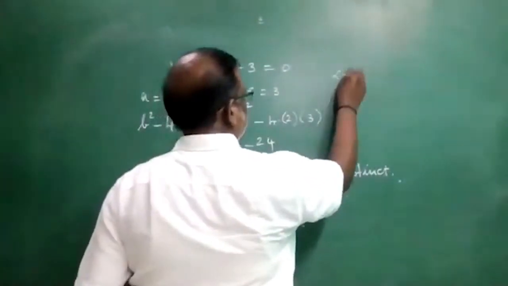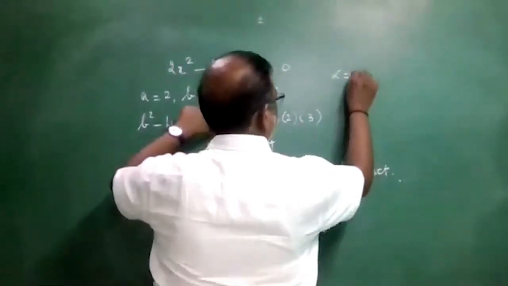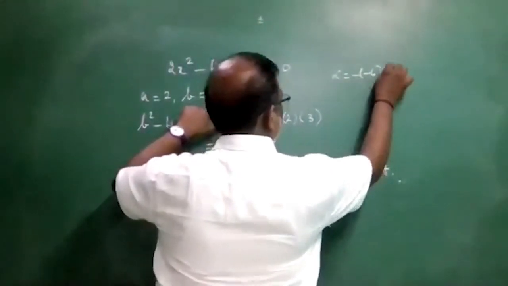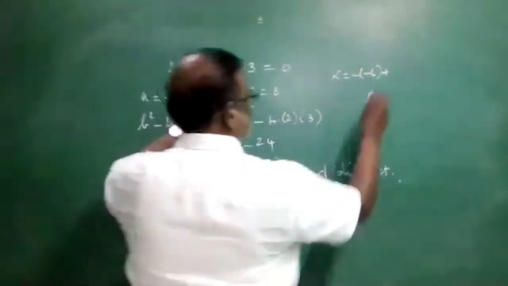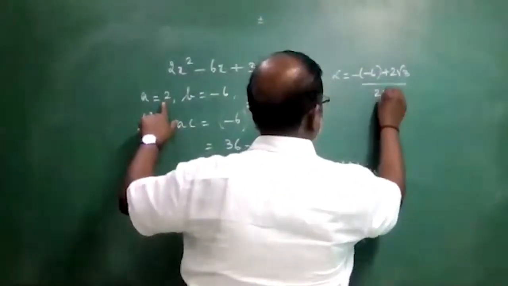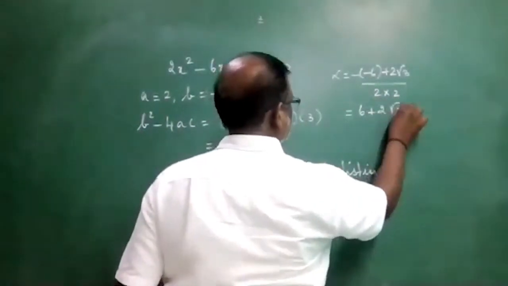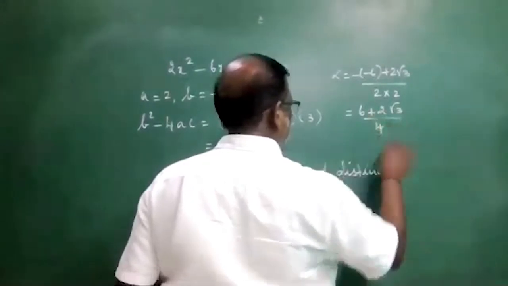Therefore, alpha is equal to minus b, that is minus the minus 6 plus 2 root 3 by 2 into 2. That is equal to 6 plus 2 root 3 by 4.